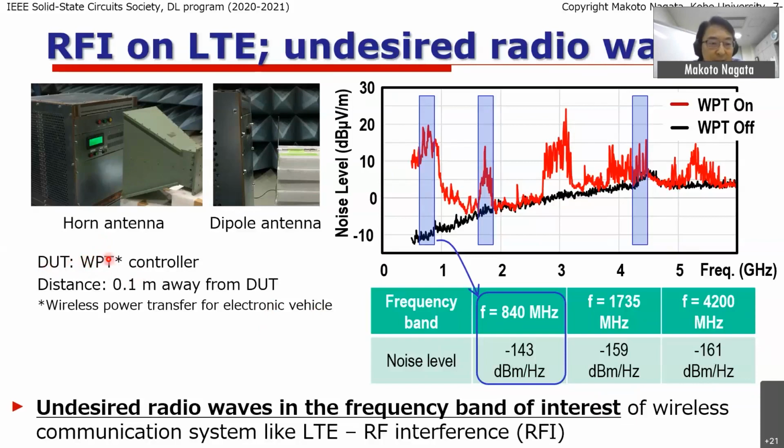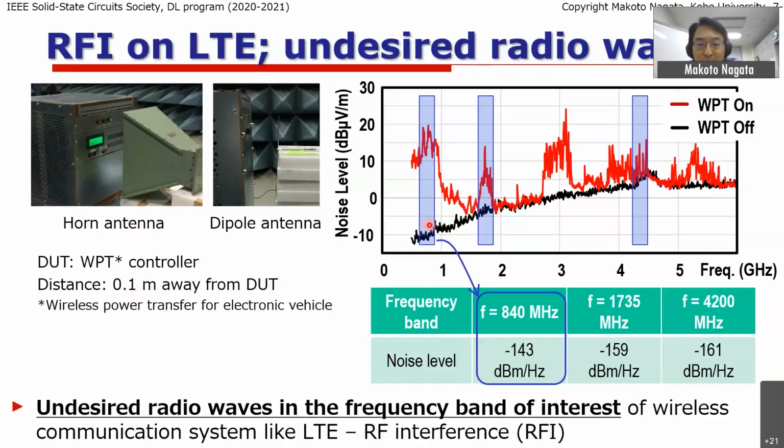In this case, we are measuring the undesired radio waves from the controller of the WPT. And what's the distance? This is quite proximate to the controller chassis, 0.1 meter, 10 centimeters away from the surface of the DUT. So this means very close positions.